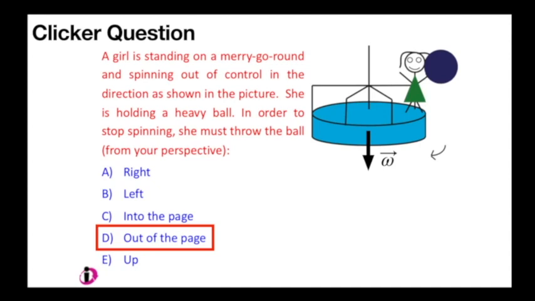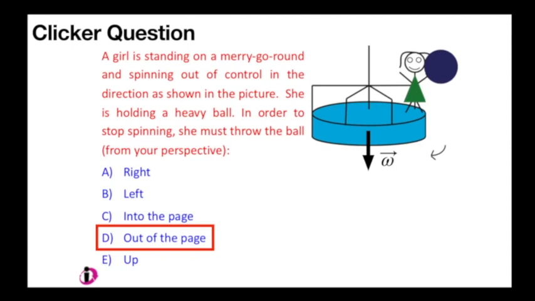If we want to think of it more from an angular rotational perspective, we have angular velocity that's pointing down, and so to reverse that, we need to provide an angular impulse or change in angular momentum upward. So we need to provide a force that will provide a torque that is upward.